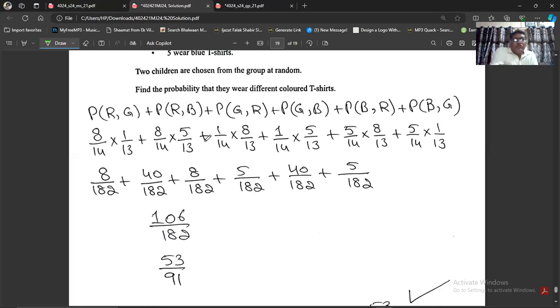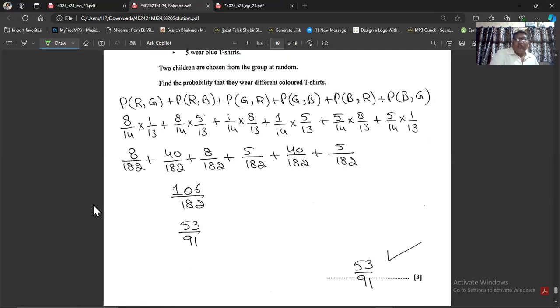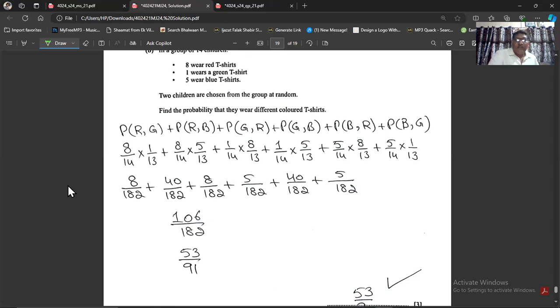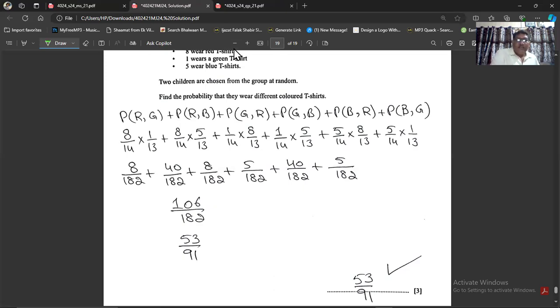When you do this calculation, this is 8 by 182 plus 40 by 182 plus 8 by 182 plus 5 by 182 plus 40 by 182 plus 5 by 182. So that will be 106 divided by 182. When you simplify this, it becomes 53 by 91. So this is how this is done. Let me show you the whole thing so you can see it.